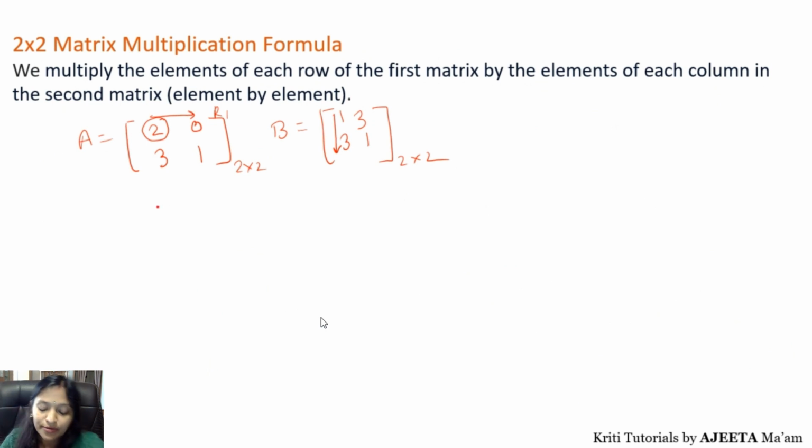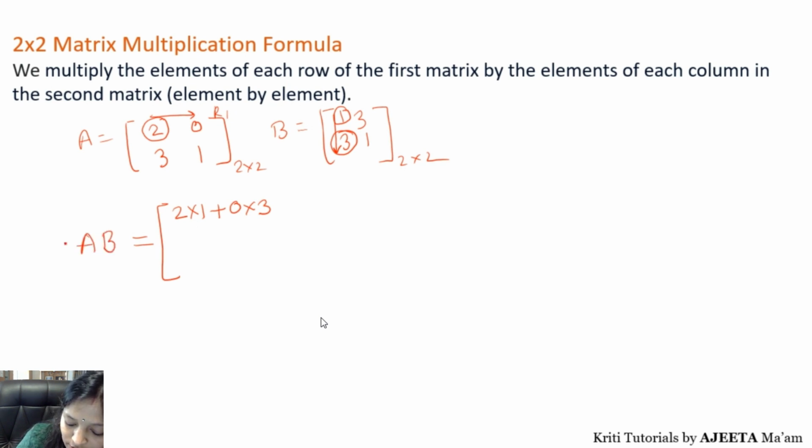So what is the first element we have? 2, and here what is the first element? 1. So we multiply 2 and 1. Correct. The second element of the first row is 0. So what will we multiply 0 with now? The second element of the column. So 0 into 3, and we will add both. Whatever elements are in the row, all of them have to be added. So 2 into 1, 0 into 3, and then both will be added and they will give you the first element of the resultant matrix.